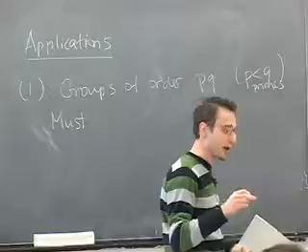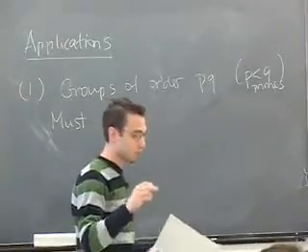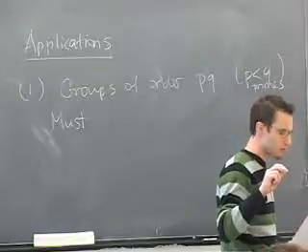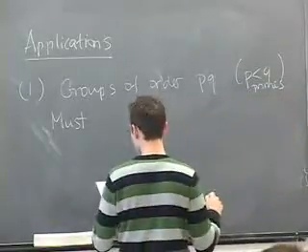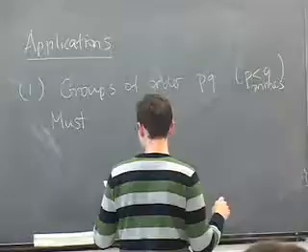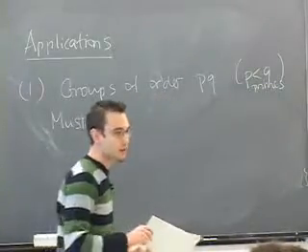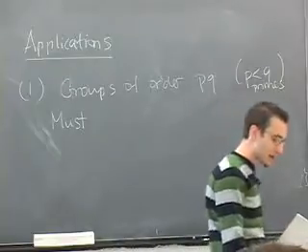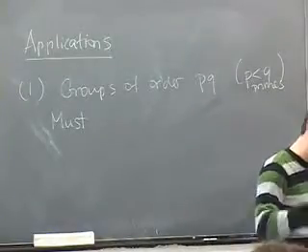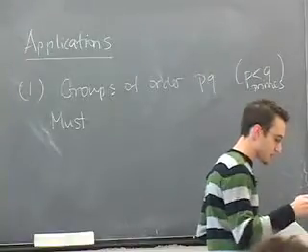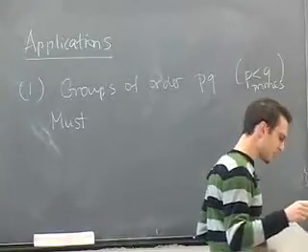I meant to say q there. So the number of Sylow q subgroups is congruent to 1 mod q and divides p. So it's either q or 1, and the one that's more restrictive is the one that matters. Right. So it is 1.